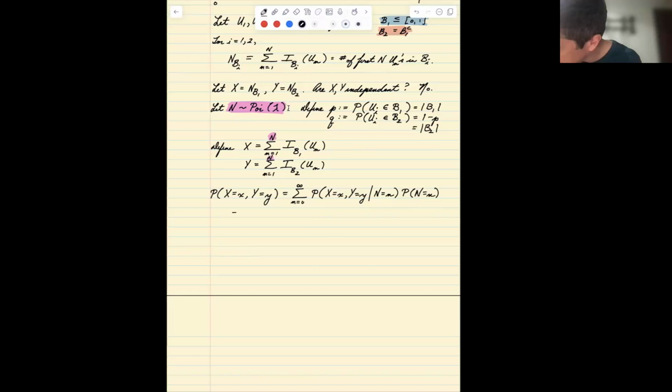Well, what do we know about this? What we know is that for specific values of X and Y, which are going to be integers because they're counts, in order for X to be x and Y to be little y, n has to be exactly x plus y.